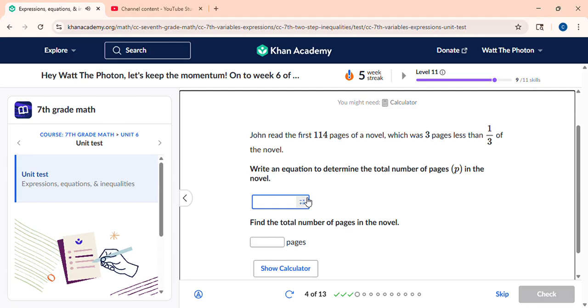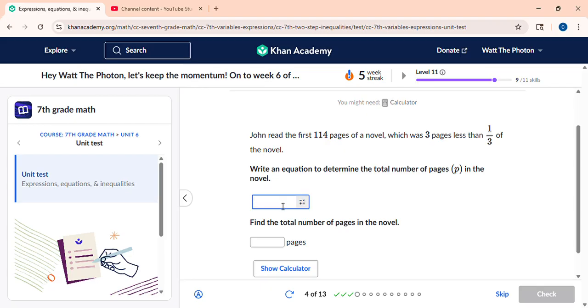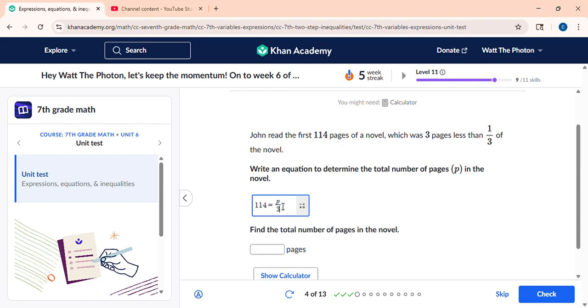John reads the first 114 pages of a novel, which is 3 pages less than 1/3 of the novel. Write and determine the number of pages. Which is equal to p over 3 minus 3.